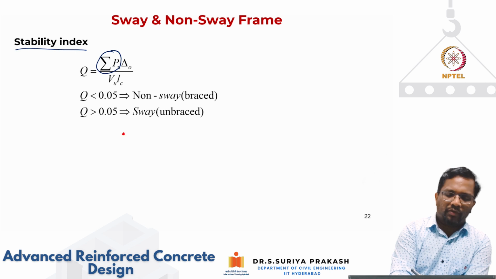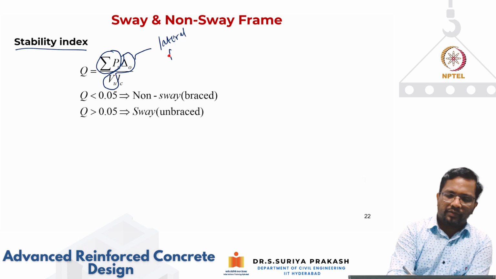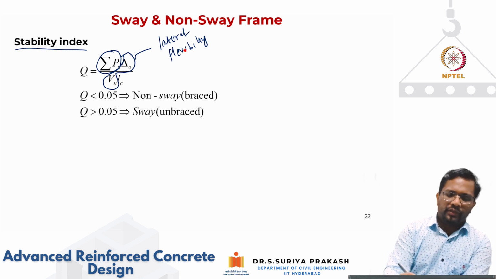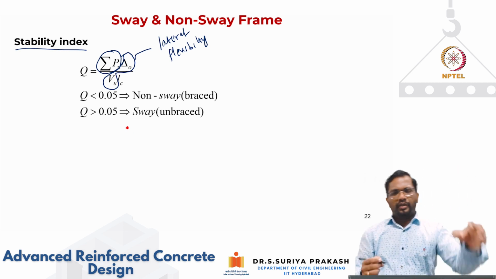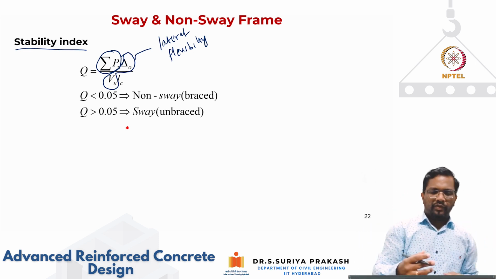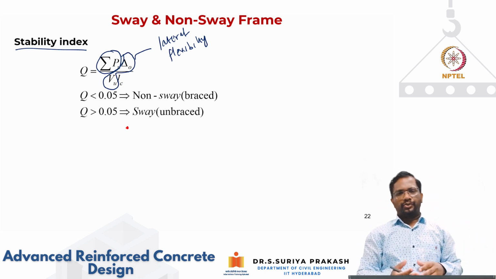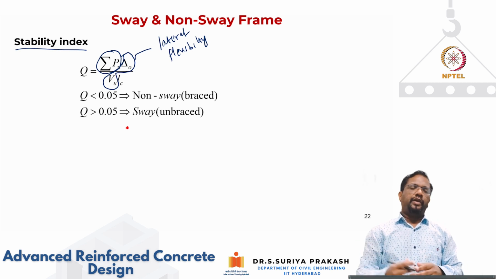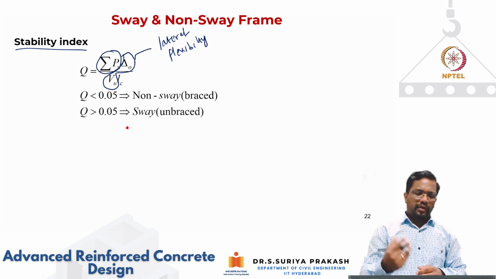And if I am able to calculate this delta naught by VU, which we call lateral flexibility, then the stability index is nothing but the summation of axial force divided by the story height of the column, multiplied by the lateral flexibility, which is delta naught by VU.